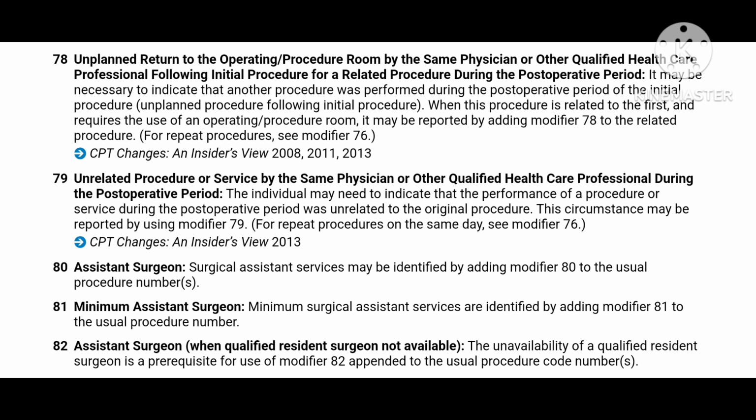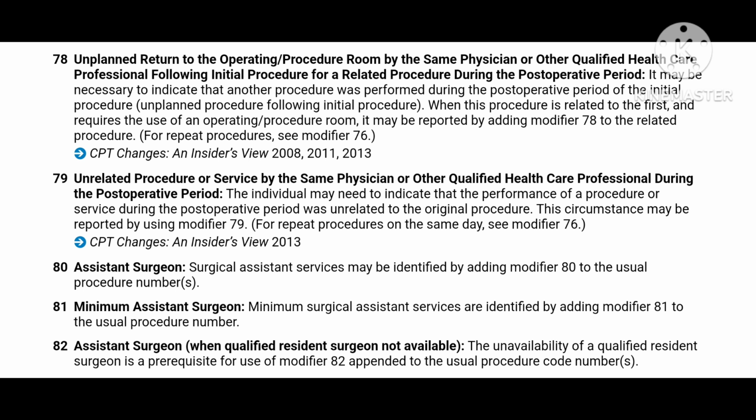He is coming to the operating room, but it is an unplanned return. The doctor did not plan at all, but there was some complication. Because of the complication, patient has come into the theatre. Again, he needs a surgery. The surgery is also related to the previous surgery, and it is done by the same doctor, which was not expected by the doctor. Then you will be using modifier 78.